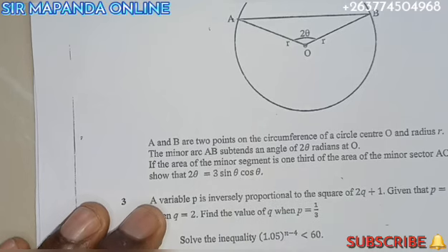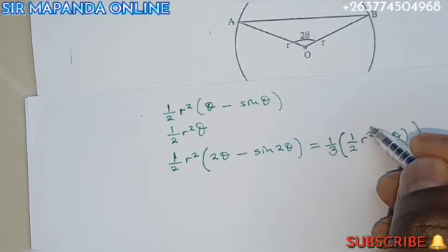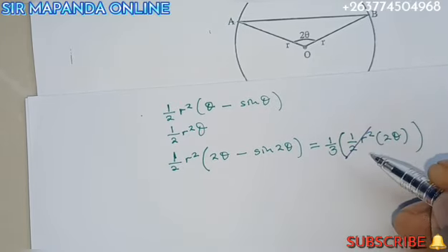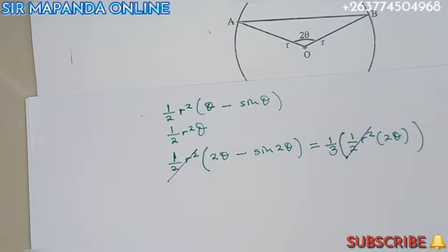sine theta cos theta. So firstly, you can notice that we have got terms which are appearing on both sides. Those terms cancel off each other, like half r squared and half r squared. They cancel off each other, right?